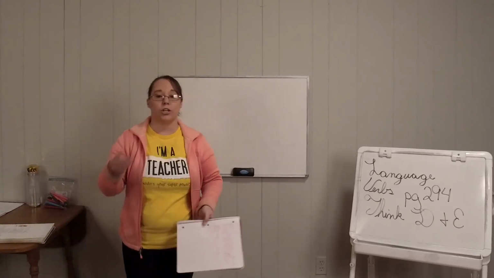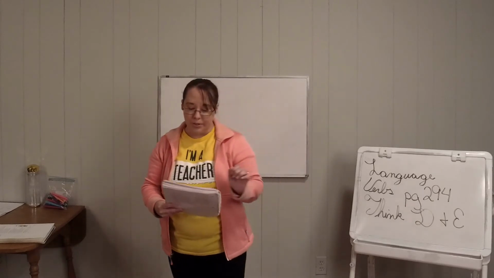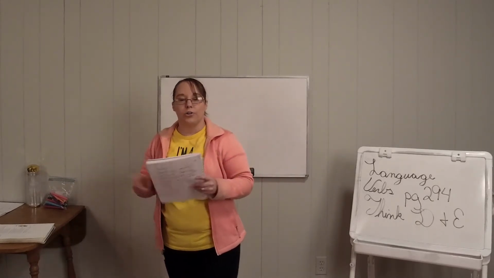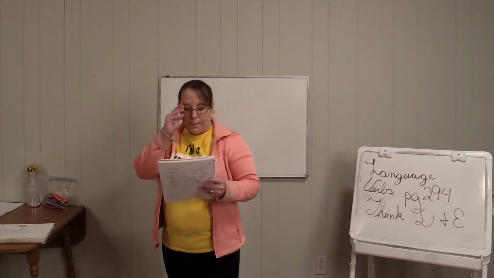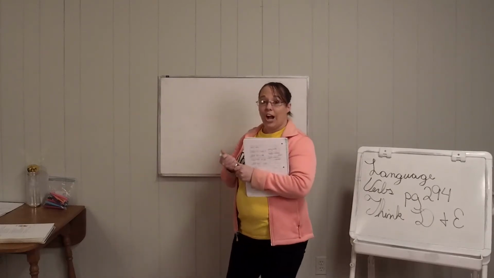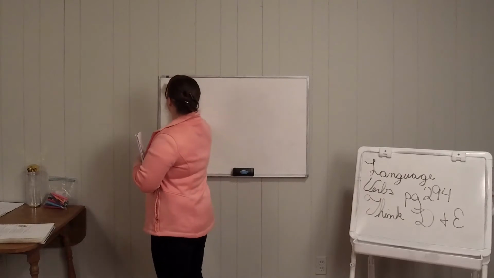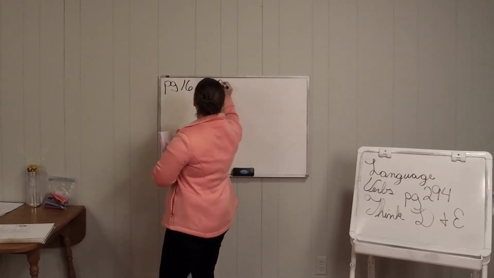If you want to look in your book to review verbs, it's Unit 1, page 2 through 26, or in your handbook, page 305 to 306. But there's 2 pages I'd really like you to look at that you probably forgot and need to remember. It's page 16 and page 19.